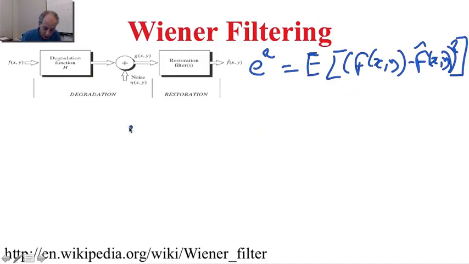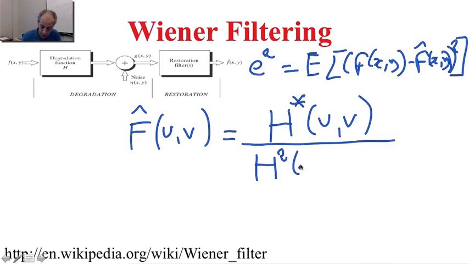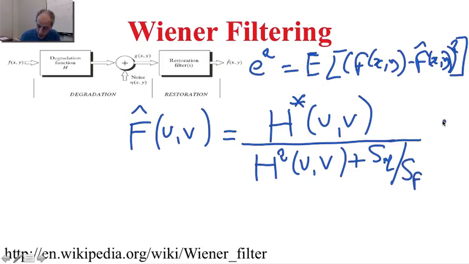The Fourier transform of the reconstructed signal will be, and I'm going to write it down and explain what I'm writing, the complex conjugate of the Fourier transform of the filter that we have estimated as we have described in the previous videos, divided by the magnitude squared of this degradation filter, plus the power spectrum of the noise divided by the power spectrum of the signal, and all this multiplying our observation.